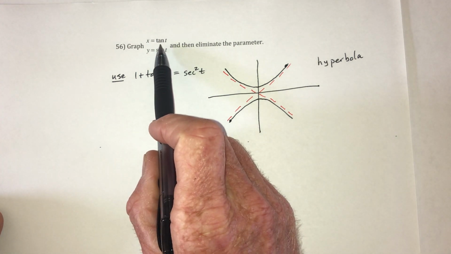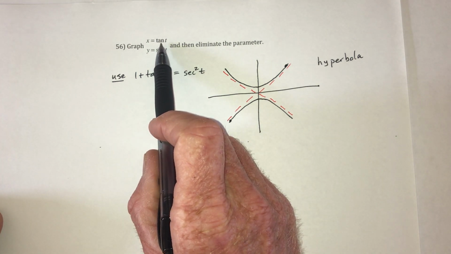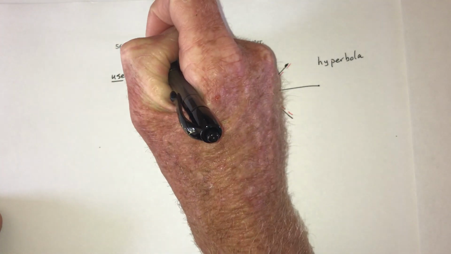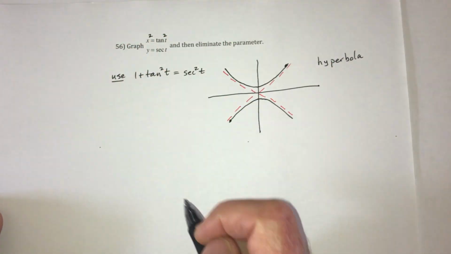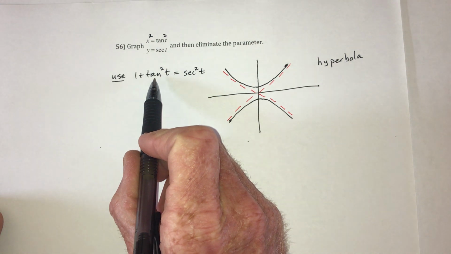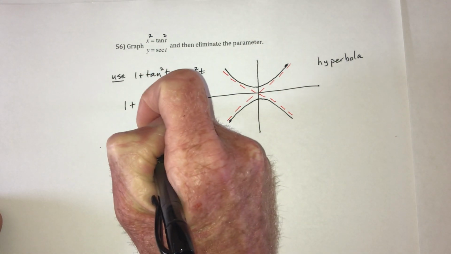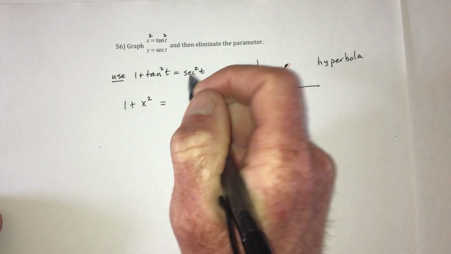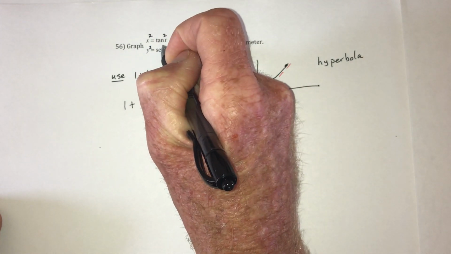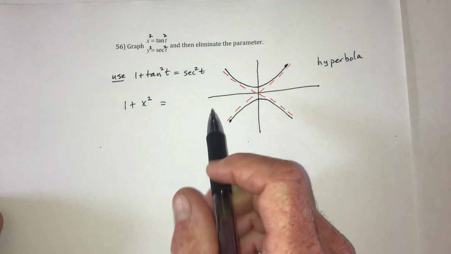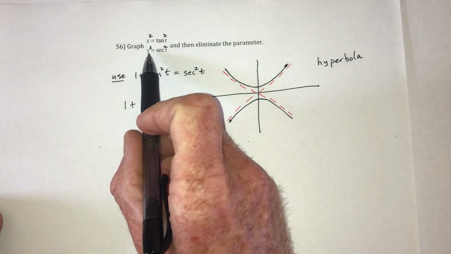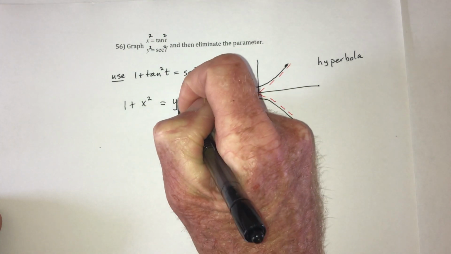And this has already been solved for tangent, so I could just square both sides. And that means that this tangent squared can be replaced with x squared. On this one, I could also square both sides. So that means that this secant squared can be replaced with y squared.